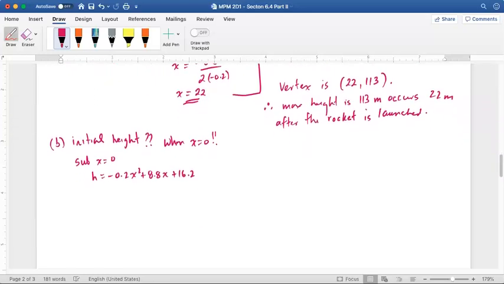And as soon as you substitute in x equals 0, you should notice that everything will zero out except that 16.2. So that is your initial height, 16.2 meters.